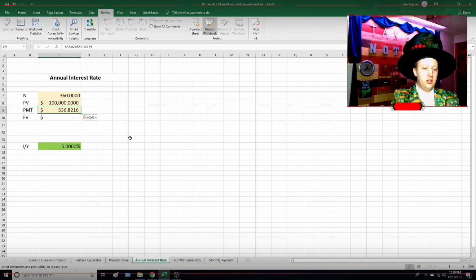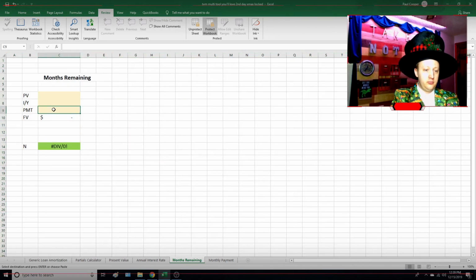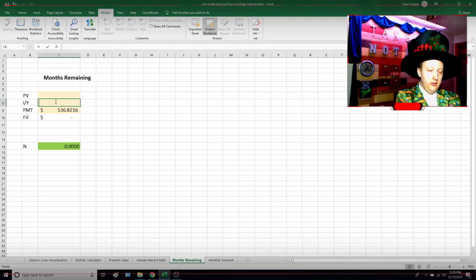Payments $536.82. That calculates a 5% annual yield for us. Then the last one, months remaining: $536.82 for our payment, 5% interest rate, present value of $100,000, and then that gives us 360 months.